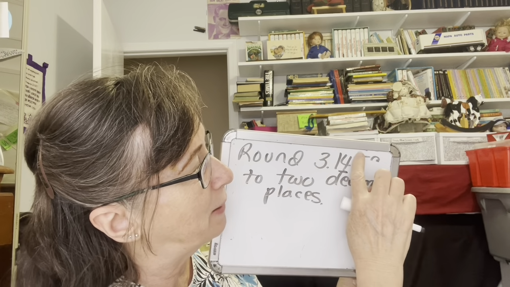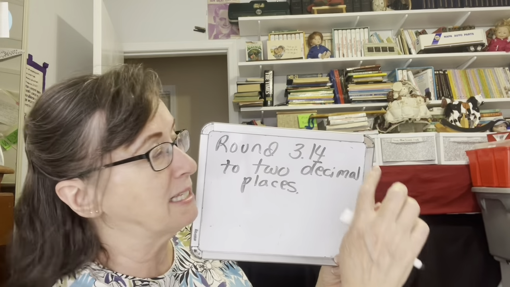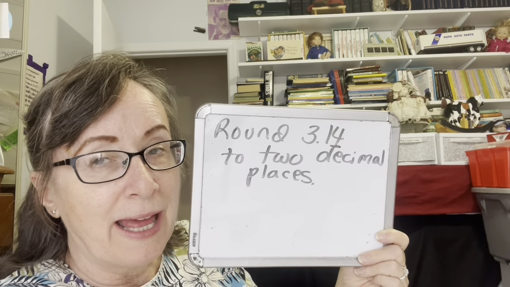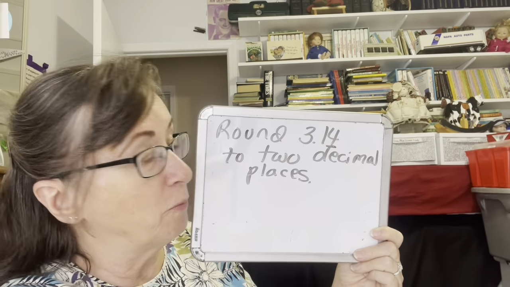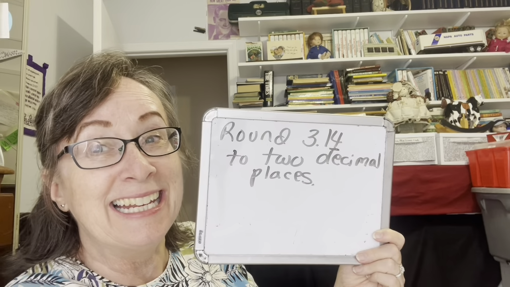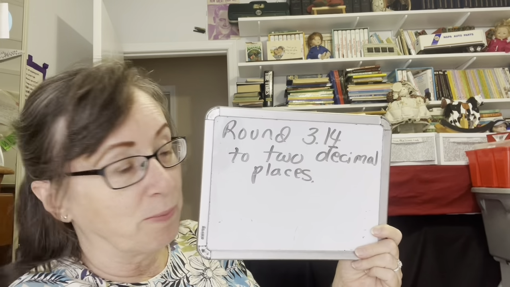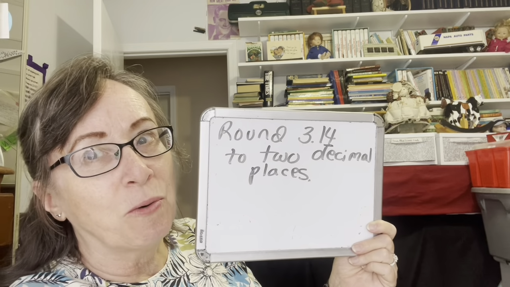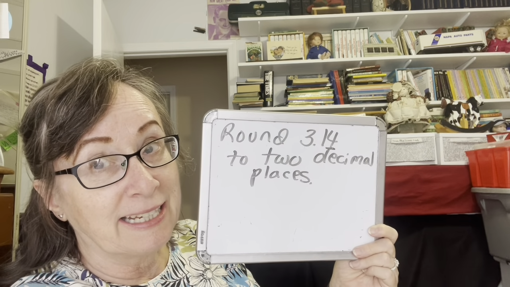Now, why didn't I replace those with zeros? Because they're after the decimal, and anytime we have zeros after the decimal that come after any other number besides 0, we can just let them fall off. They're insignificant, which means we don't have to have them there. Any zeros before the decimal, on the left of the decimal, are not insignificant.